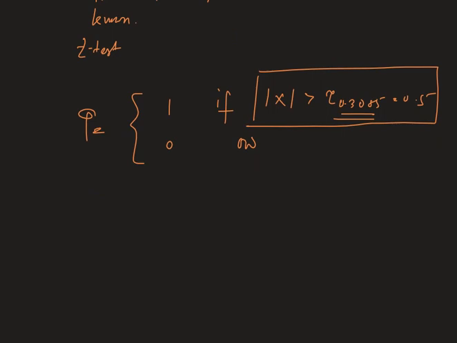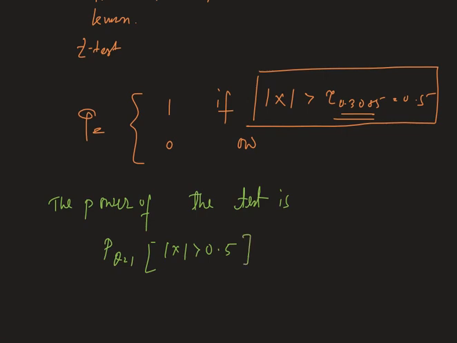Now the power of the test is probability under theta equals 1 that modulus of X is greater than 0.5. Now under theta equals 1, X follows normal 1 comma 1.